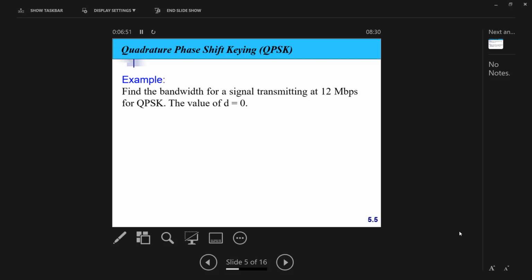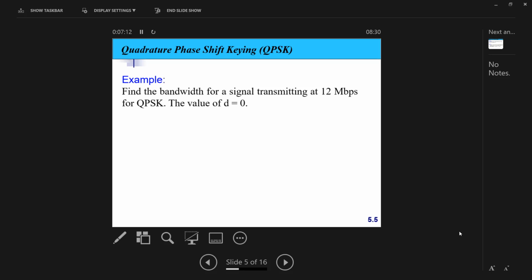What about the bandwidth now? If we transmit a signal at 12 megabit per second for QPSK and d equal to 0, what will be the bandwidth? The bandwidth was 1 plus d, and d is equal to 0. Then the signal rate S equal to N over r, so 12 divided by r. For QPSK, r equal to 2, so S equal to 6 mega, d equal to 0.